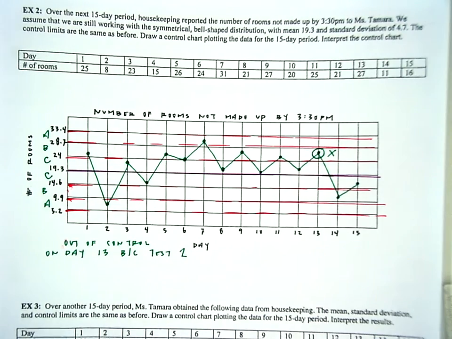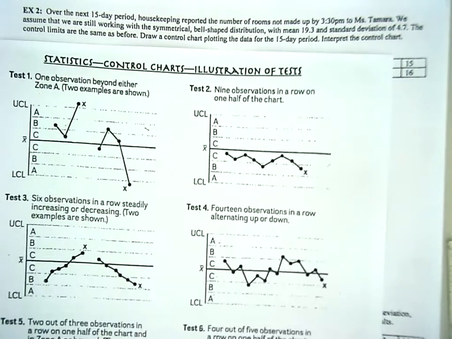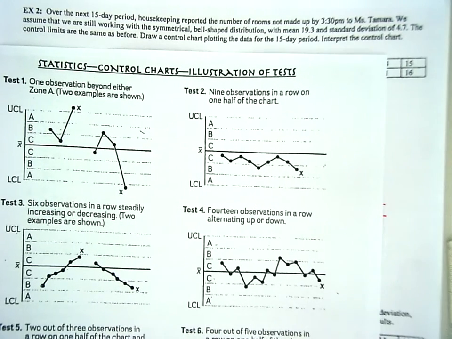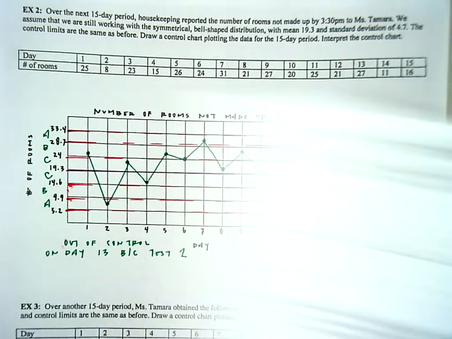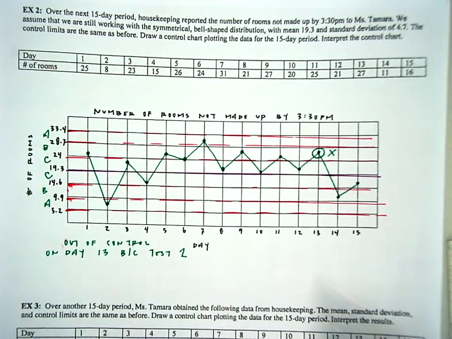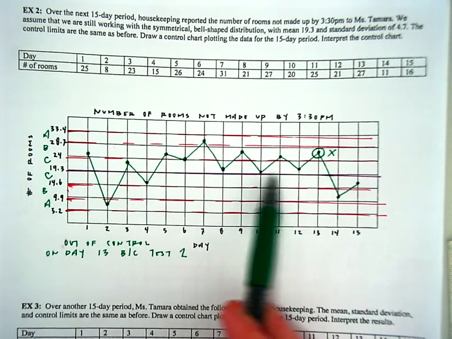So if I look over here and I look at test 2, what was test 2 telling me? Well, test 2 is telling me that it looks like there's some sort of shift in the mean because we have consecutive data on one side of the center line. And we see that it's 9 observations in a row on one side, on one half of the chart. So if I go over here, right here is my center line, nice and purple.